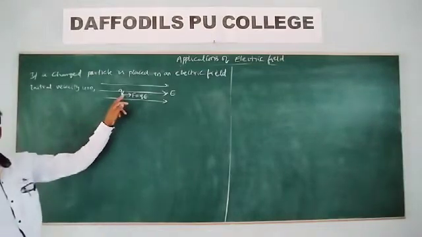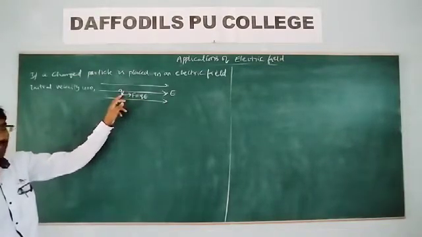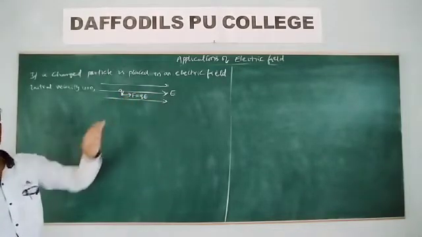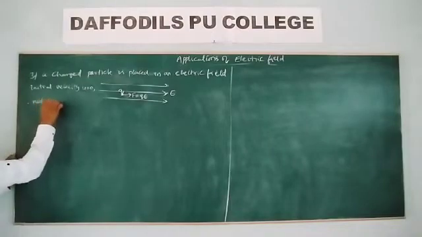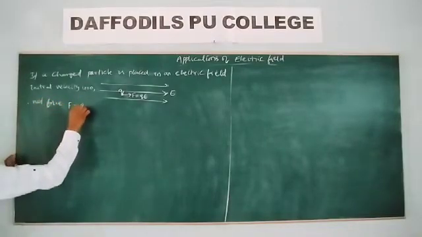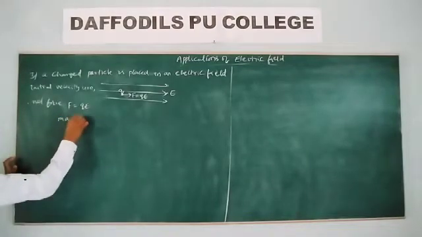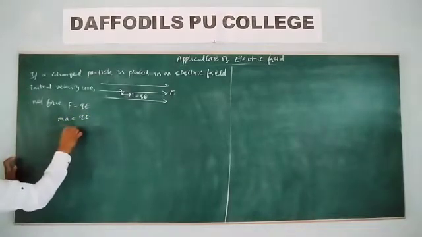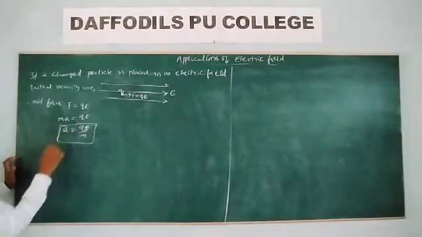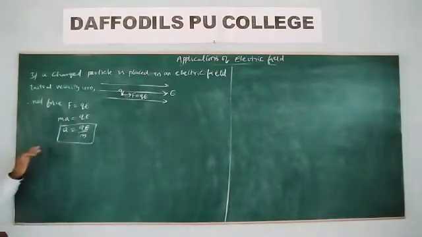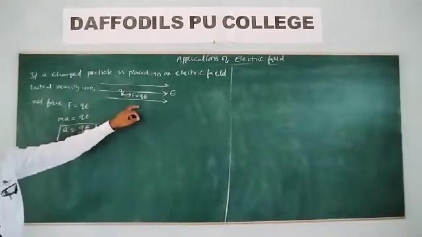Therefore, what is the net force acting on the charged particle? Net force F is equal to QE, which is equal to the mass of the charged particle into acceleration. Then m into a is equal to QE, so a is equal to QE by m. Remember the sign: for a positive charge, a is equal to QE by m in the direction of the electric field.